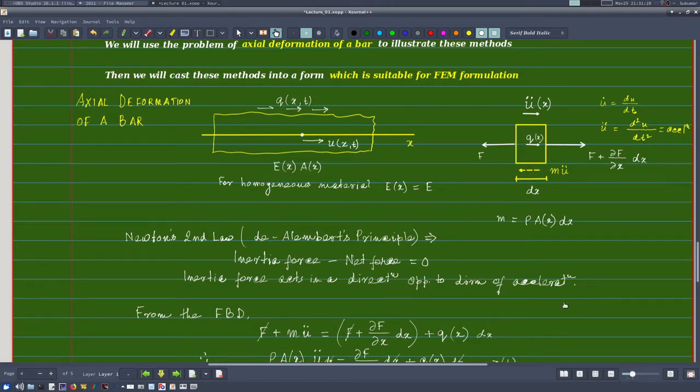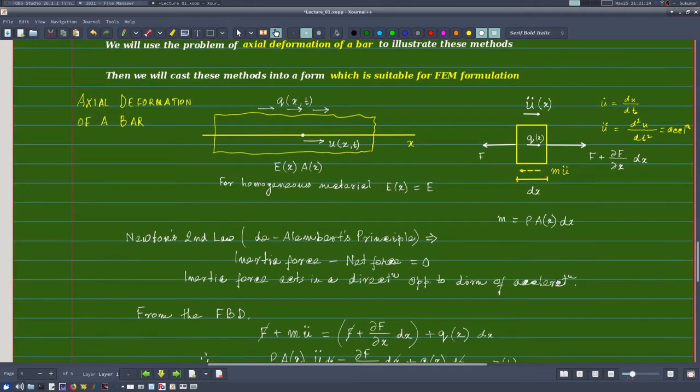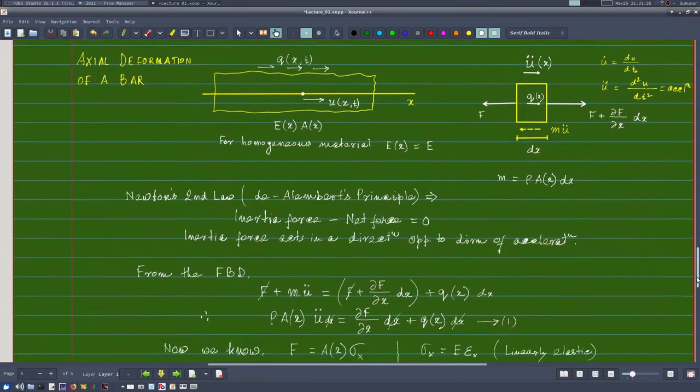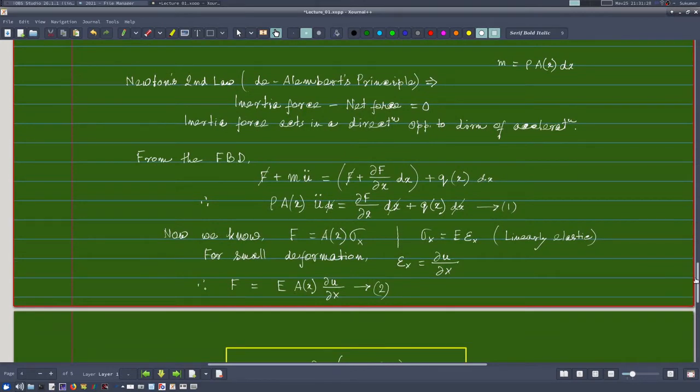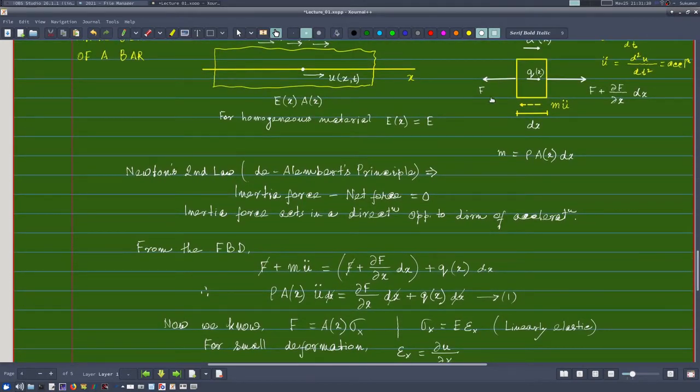Now I can write down the equilibrium of all these forces. On the left hand side, my total force is F plus the inertia force, m u double dot. So I have added them. And on the right hand side, I have F plus del F del x into dx plus Q of x into dx.